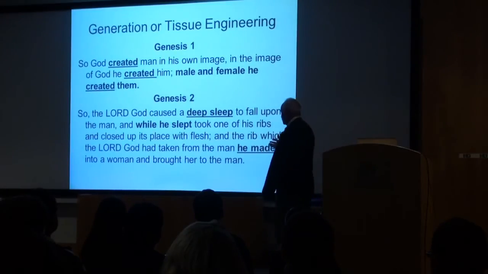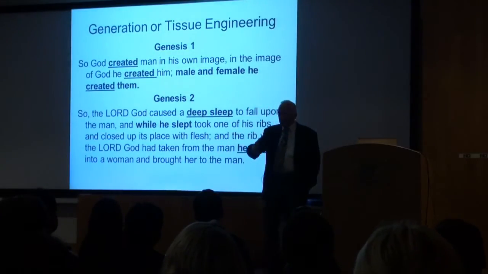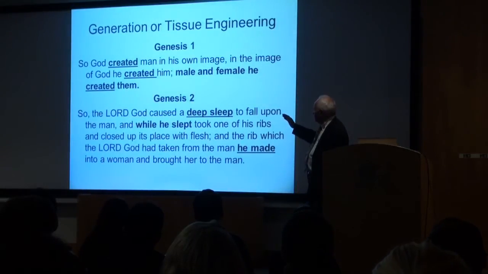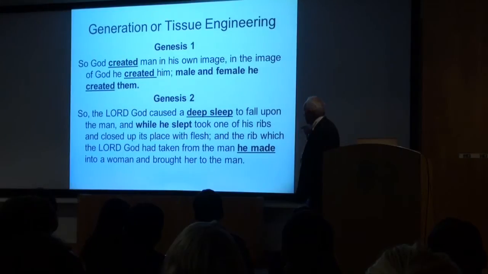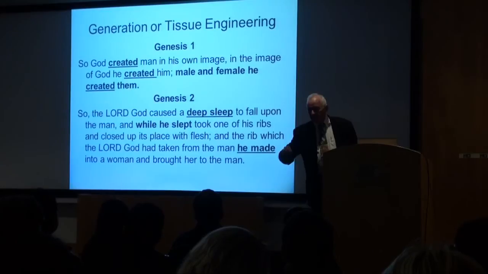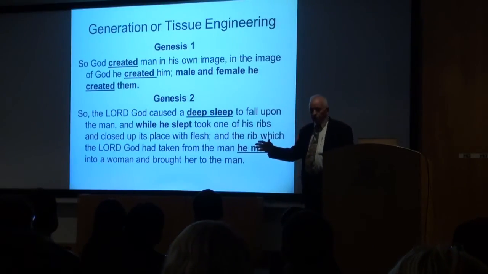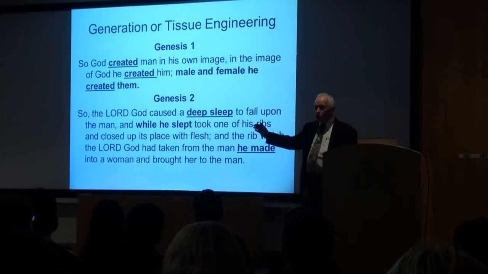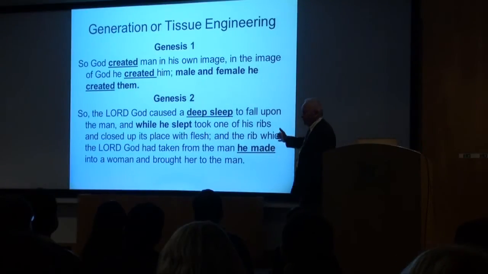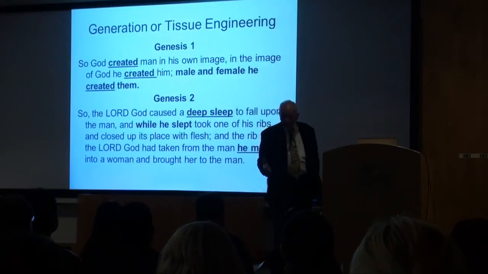But for us, when we talk about tissue engineering, Genesis 2 is again very interesting, because here God caused a deep sleep to fall upon the man. So first of all, if he wants to do tissue engineering, yes, he needs to make anesthesia. The Bible, written 6,000 years ago, understood that you cannot do any surgery without anesthesia.